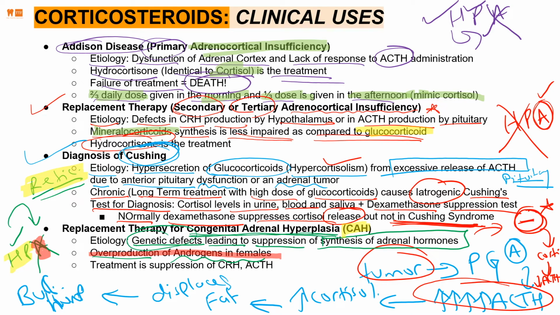The treatment is the suppression of the hypothalamus and pituitary, because obviously there's a congenital defect. It's not going to fix overnight. What we need to do is stop these two from acting in the first place. Androgen excess in females, by the way, is like PCOD, guys. Very common and very, very painful to go through as a female.